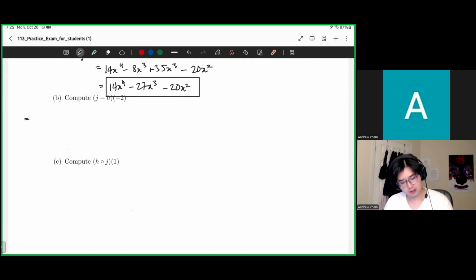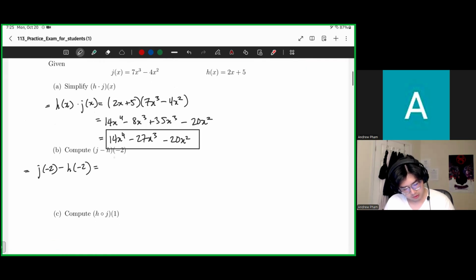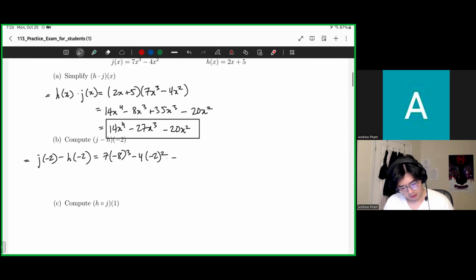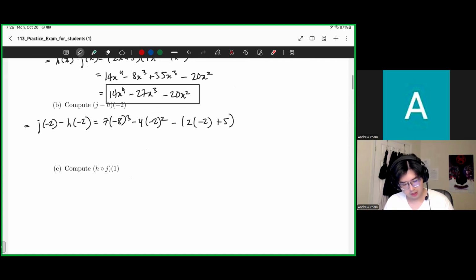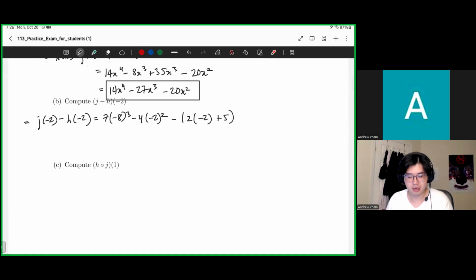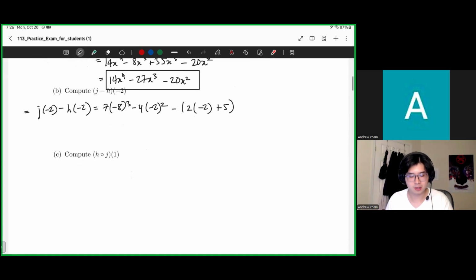This is nothing but j of minus 2 minus h of minus 2. So j of minus 2 is going to be 7 times minus 2 cubed minus 4 times minus 2 squared, minus the quantity 2 times minus 2 plus 5. Notice that when I'm subtracting a function, I always open my parentheses so I don't forget to distribute that minus sign on the inside of the sum.